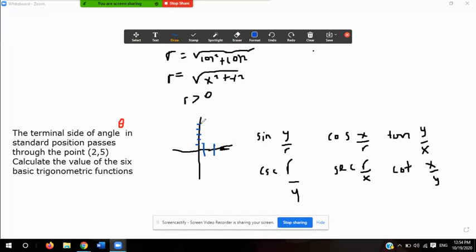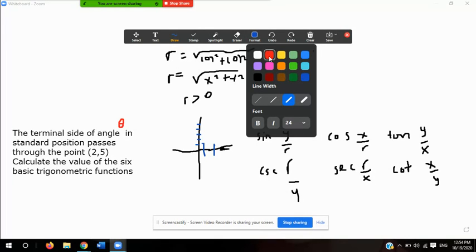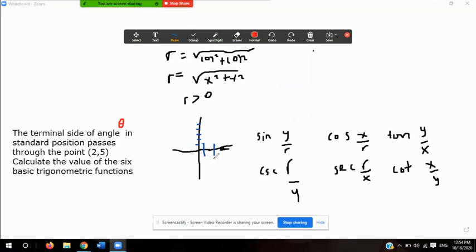And what we would do in that case is we would say x equals 2 right here, x equals 2, and y equals 5. And now we're going to find r.